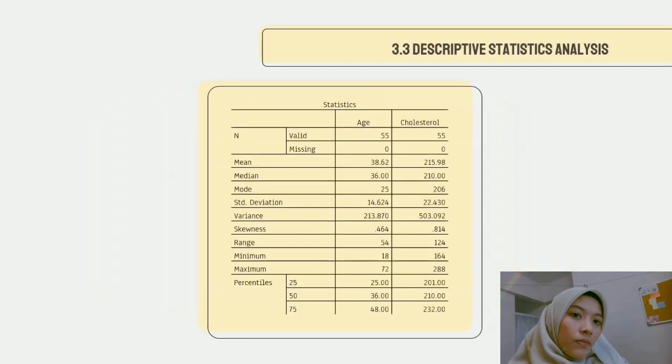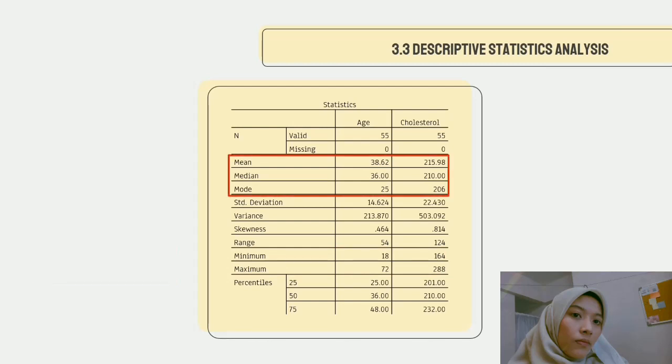The table shows all the statistic data that we got from the SPSS output. The minimum age is 18 years old, whereas the maximum is 72 years old. The cholesterol minimum value is 164 mg per dl and the maximum value is 288 mg per dl. This shows that as age increases, the cholesterol level increases.